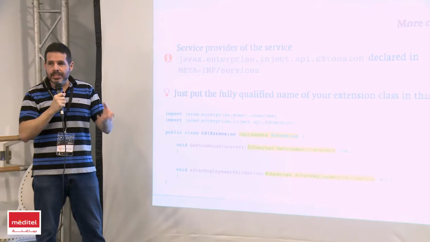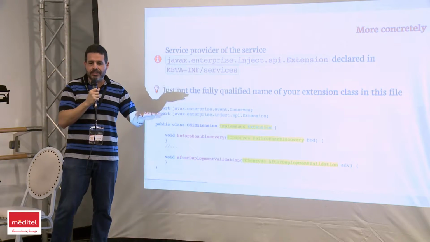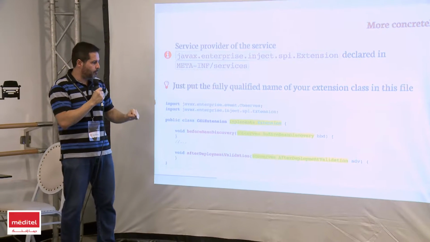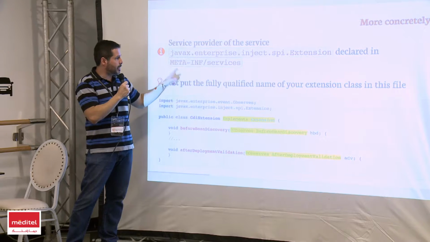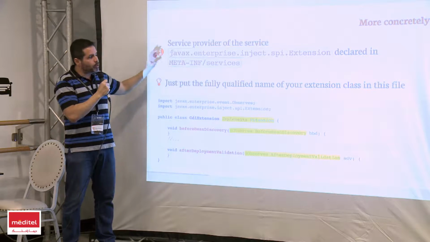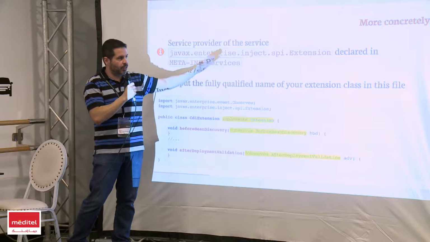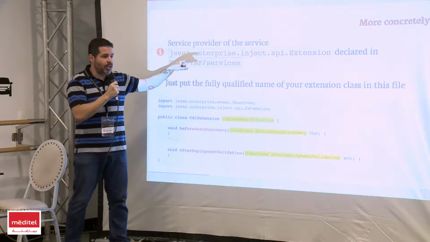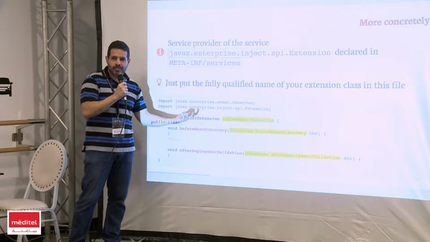And how will CDI have knowledge about the existence of that extension? Well, inside the META-INF folder, inside the META-INF/services folder, you will create a file with the name of the Extension interface, and inside that file, you will put the name of the class that you created.